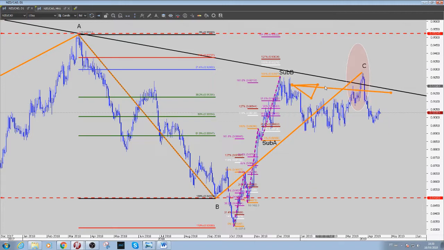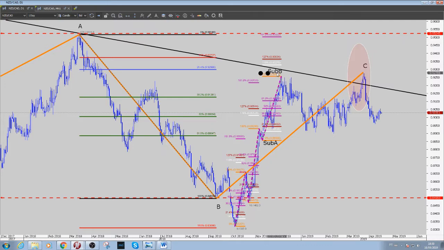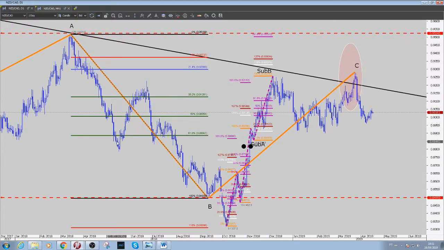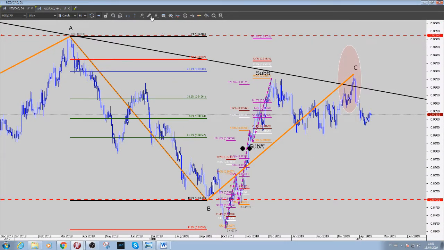But if I didn't, this sub A, sub B, sub C, sub D is still in place, still valid. So we are going to leave it like this, because it's still valid. Now we want to find the confirmation Fibonacci.